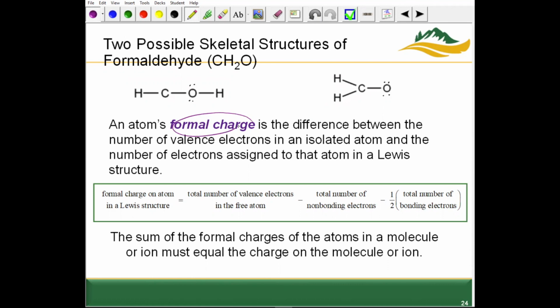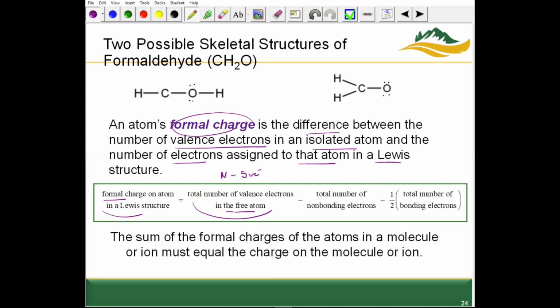The formal charge is the difference between the number of valence electrons in an isolated atom and the number of electrons assigned to that atom in a Lewis dot structure. To calculate the formal charge with an equation, we take the total number of valence electrons in the free atom. For nitrogen, that was 5 valence electrons.